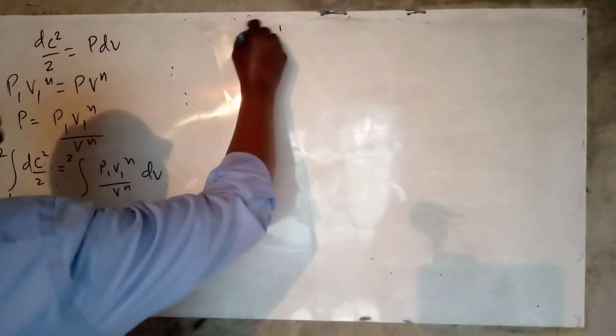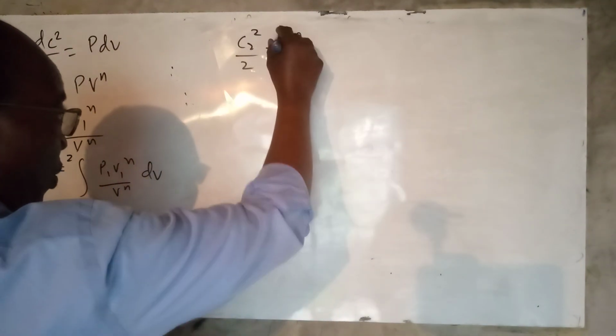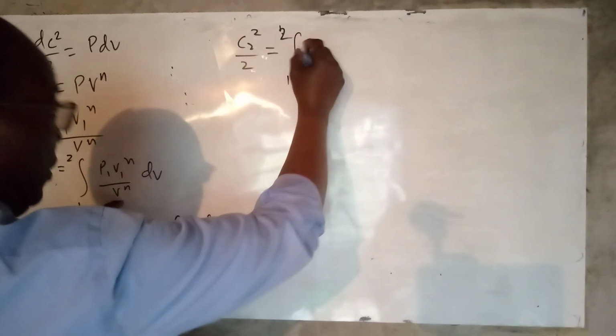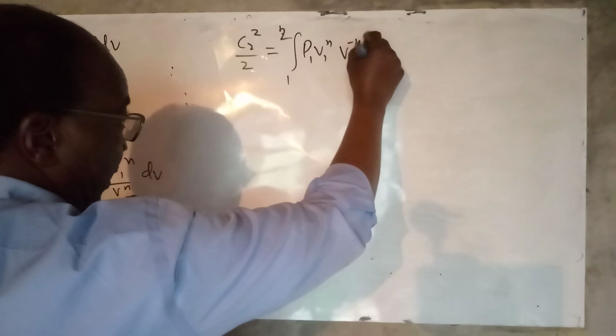So what do we have now? We have C2 squared over 2 given by that expression, the integral from 1 to 2 of P1 V1^n into V^-n dV.